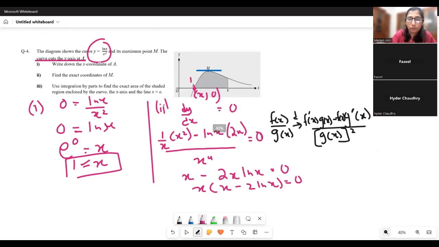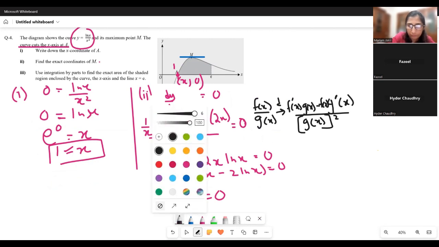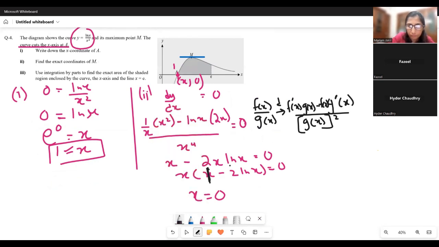So one of the values is coming out to be x equals 0, which can't be correct. Sorry, that's 1, not x. So no way that x is 0, looking at the figure.